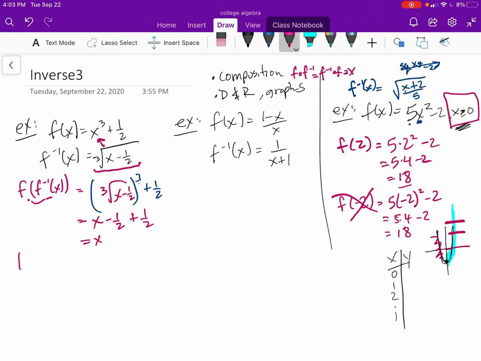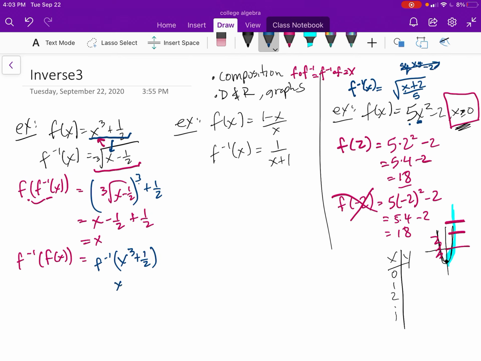But we also need to compose it the other way. So that means take your f, and plug it in for x here. I just like to rewrite this. So take your f of x, and I'll even rewrite this whole thing, and substitute it into the inverse function.